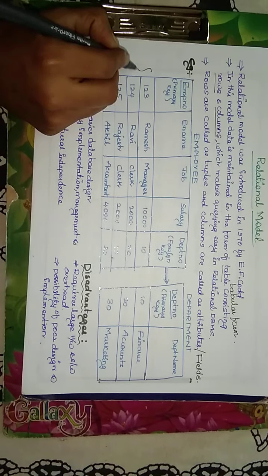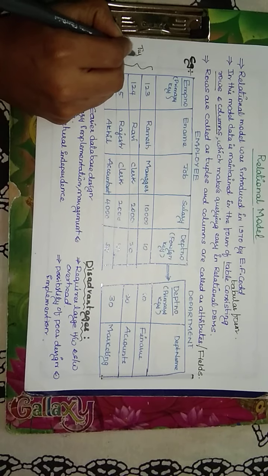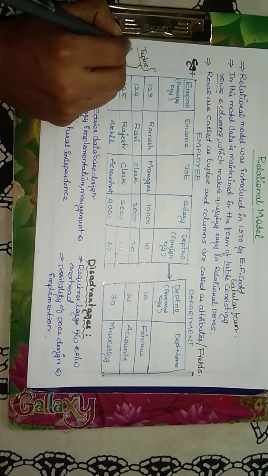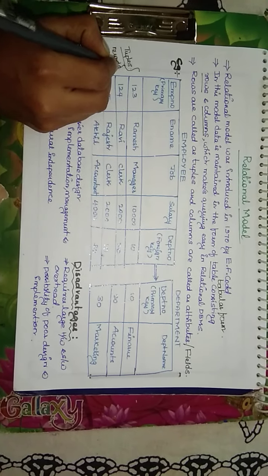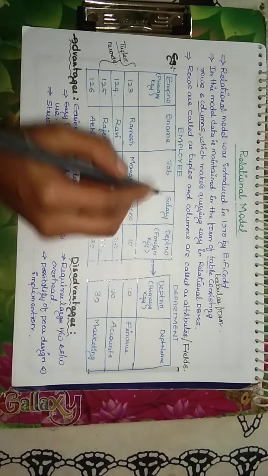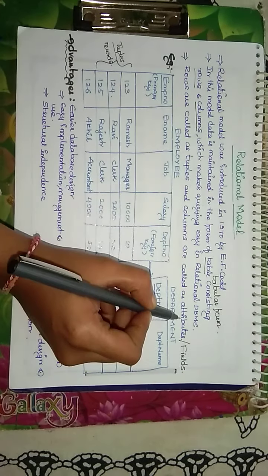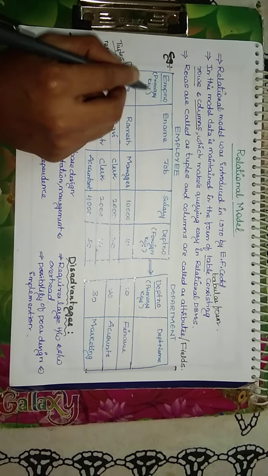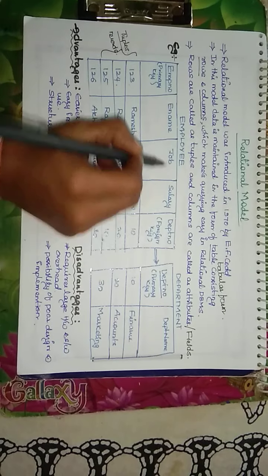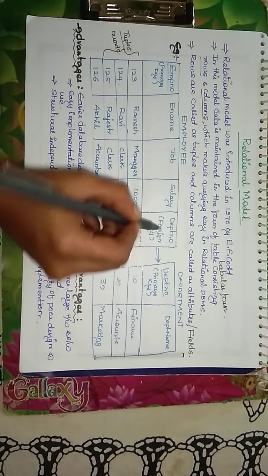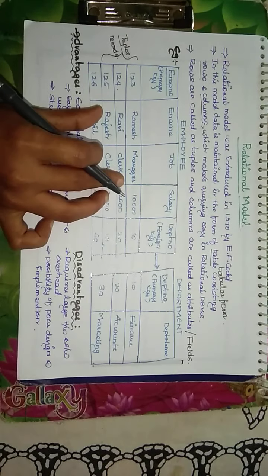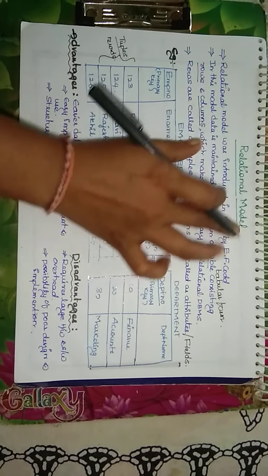Rows are called tuples, or we can also call them records: first record, second, third, fourth. The columns are called fields, also called attributes. Attribute and field are the same. Employee number is an attribute, and so are employee name, job, salary, and department number. These are the fields of this table. Like this, every piece of data is maintained in the form of a table, which is called the relational model.